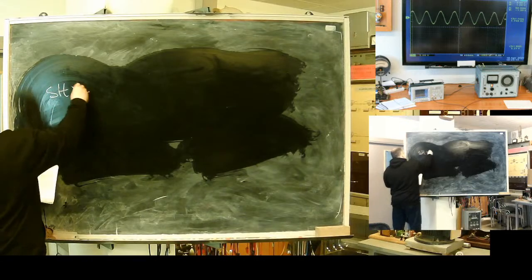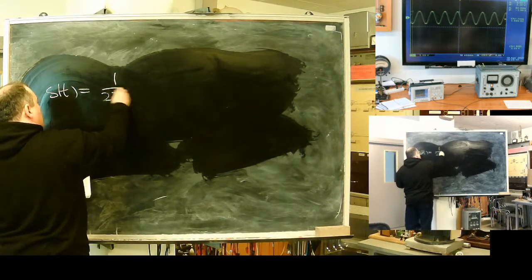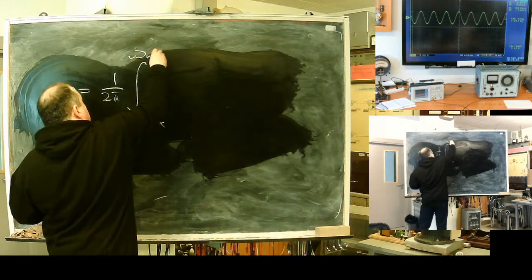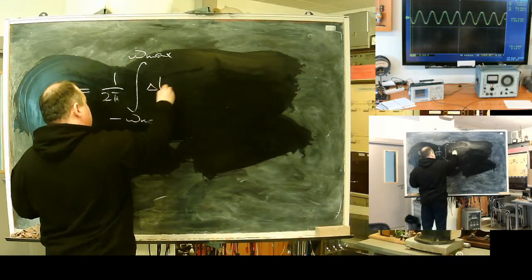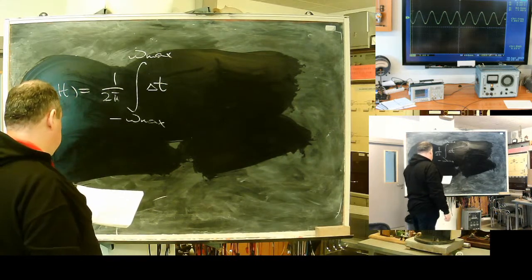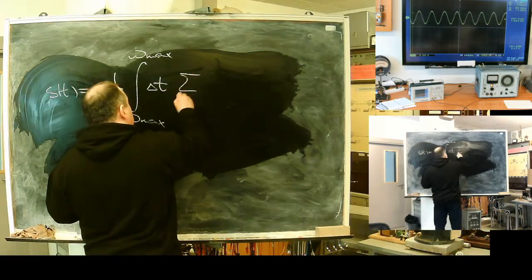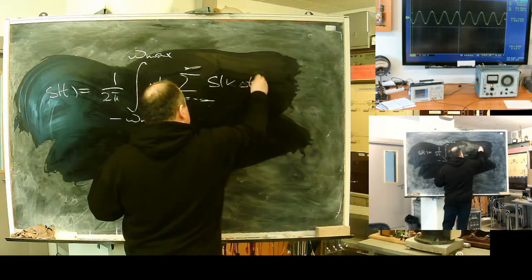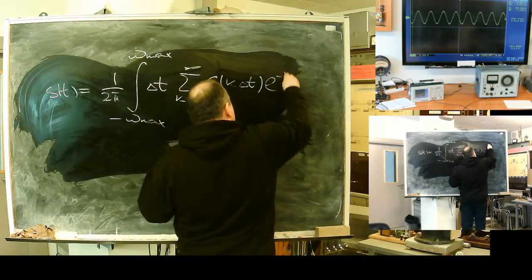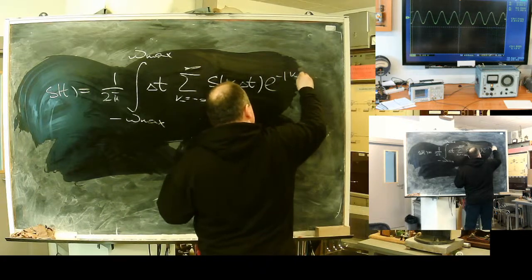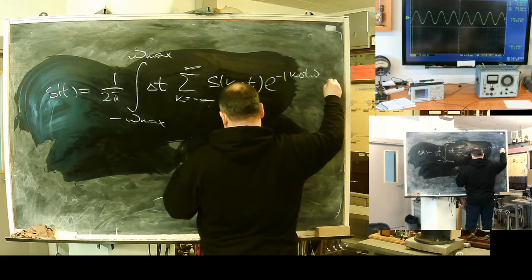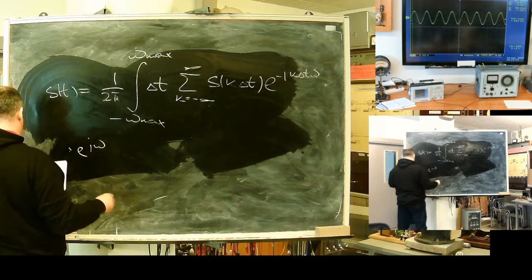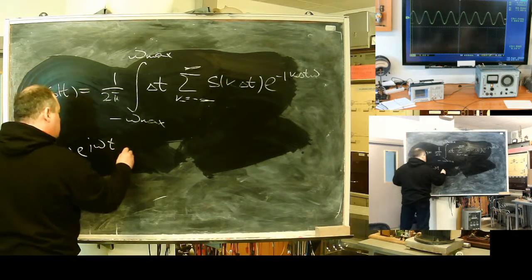So our signal will become 1 divided by 2 pi, integral from minus omega max to omega max, sampling interval, sum from minus infinity to infinity of s(k delta t), e power minus j k delta t omega, multiplied by e power j omega t, times d omega.